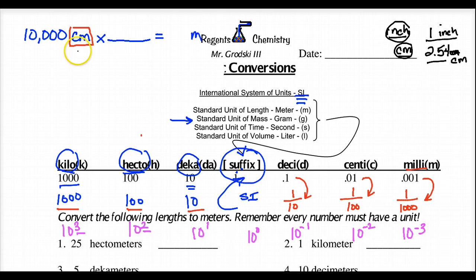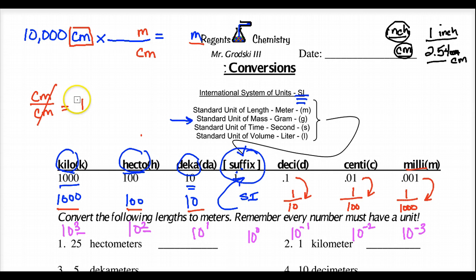And if you're going to cancel stuff out, you should know that centimeter over centimeter equals 1. They would cancel in math. So I want to put centimeter in my converting factor on the bottom. Since I want meter, it would go on top.